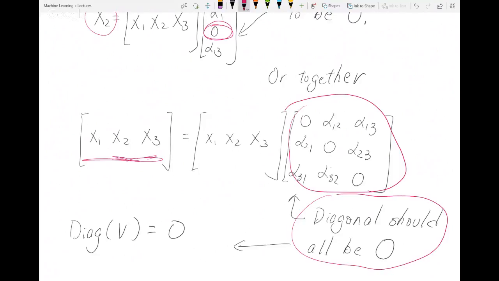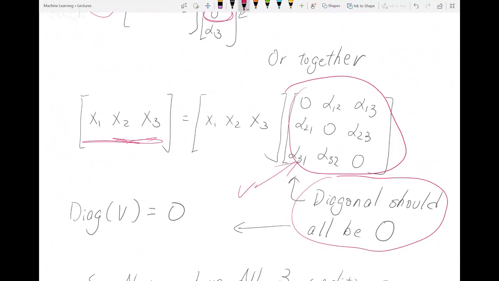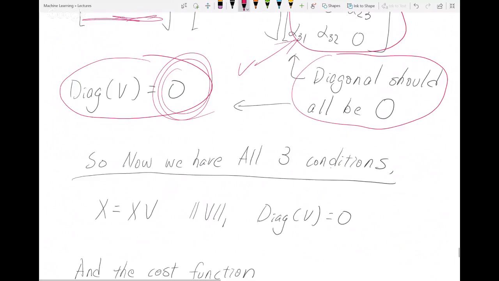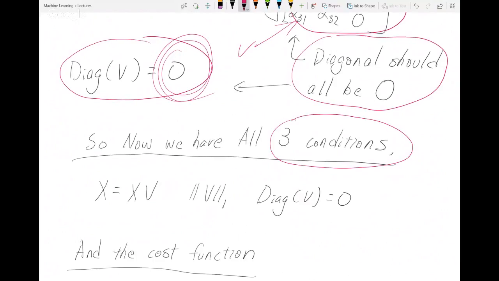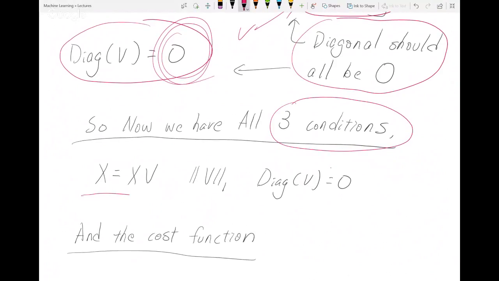So the last condition is, this is V here, right? We want the diagonal of the V matrix to be 0. Okay? So now we have all three conditions: the self-expressiveness, minimization of the norm, and we want the diagonal to equal 0.